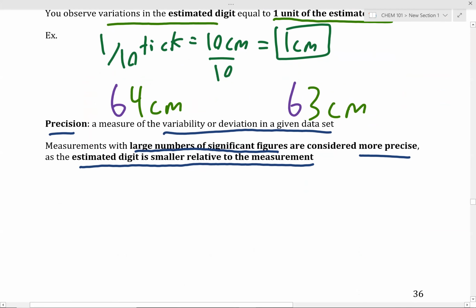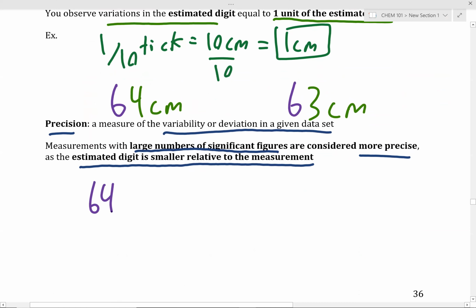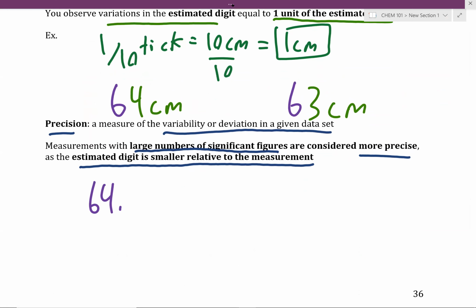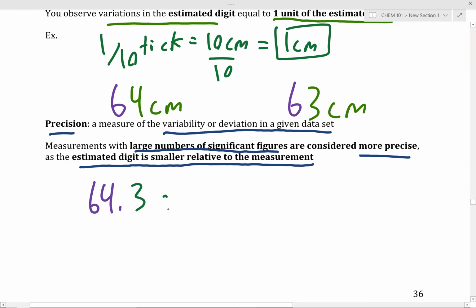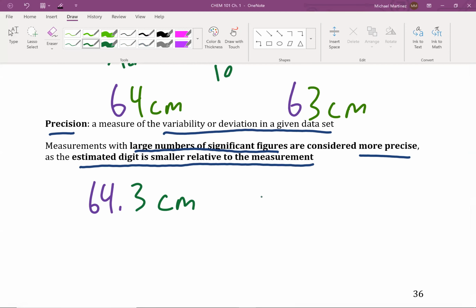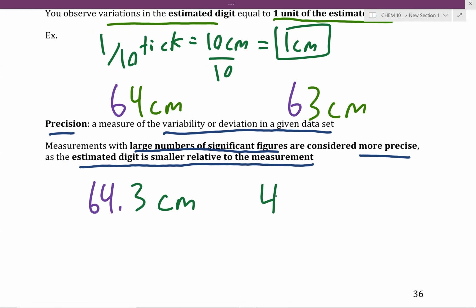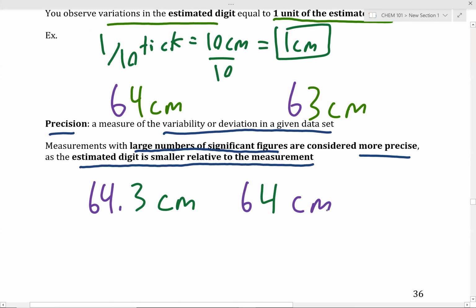So let's look at two examples now: 64.3 centimeters versus, let's stick to ones that we've seen before, 64 centimeters.